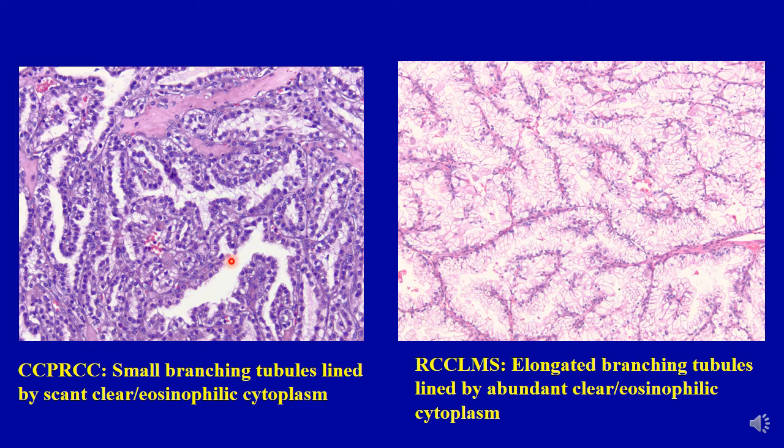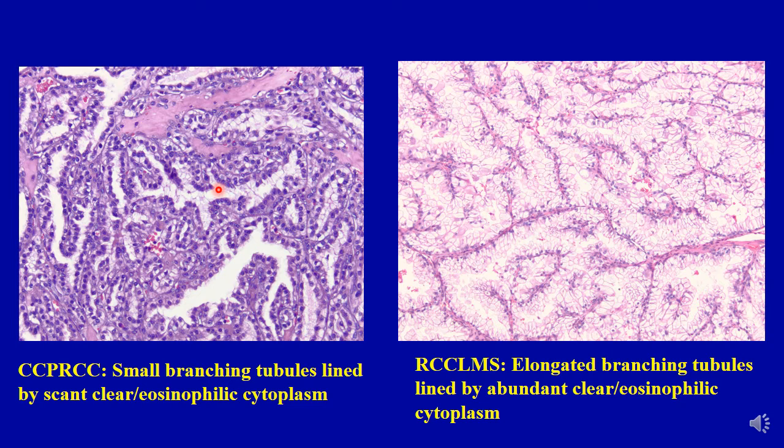In comparison, clear cell papillary renal cell carcinoma can also show you branching tubules, but the tubules are relatively small, and the cells lining them have a high N/C ratio and relatively scant clear cytoplasm with, I should say, kind of a snout on the surface of the cells.